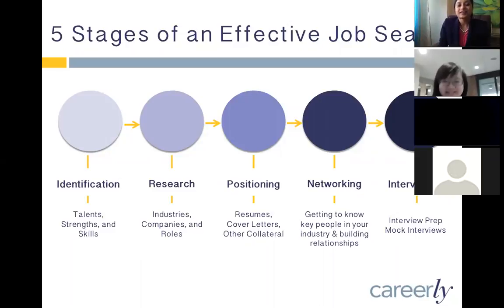So the idea is to narrow down to, okay, what are the industries that I want to apply to? What are the key roles that I want to target? Because not only does this help you with all the other stuff after that, including your resume and your cover letter, but it also helps you with your networking, right? Because there's no time to network with 1,000 people.